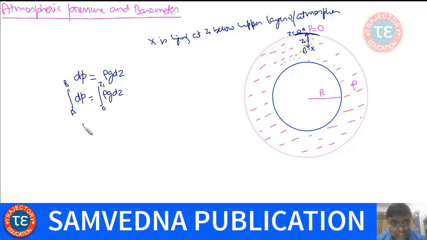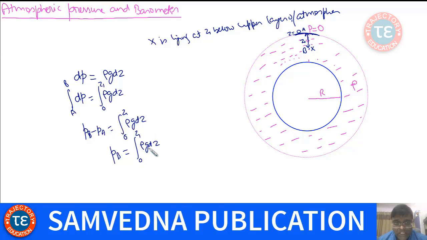So PB minus PA is the integral of rho g dz from 0 to z1, and PA is 0. So the pressure at any point B, z1 below the upper layer, is this integral from 0 to z1.